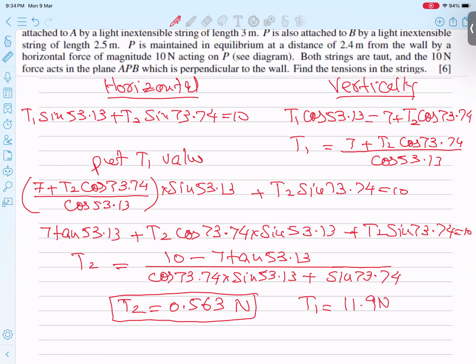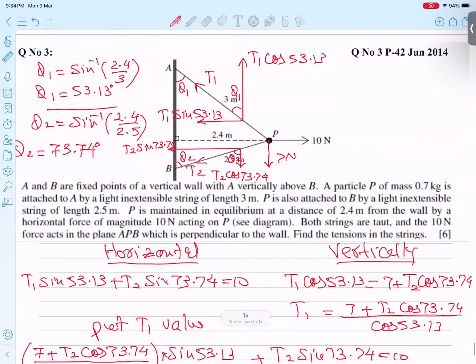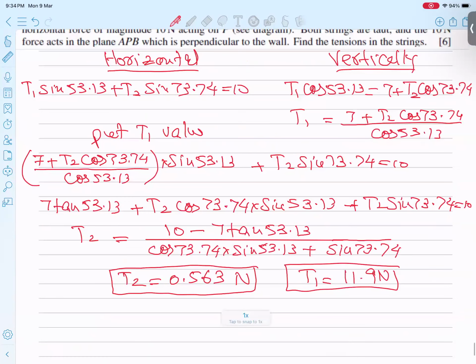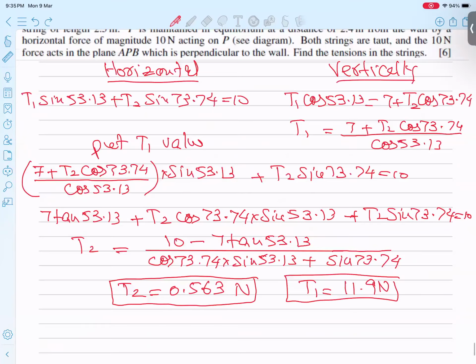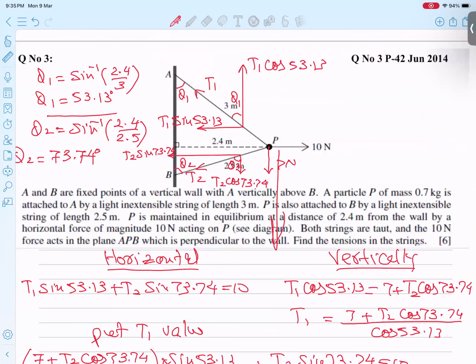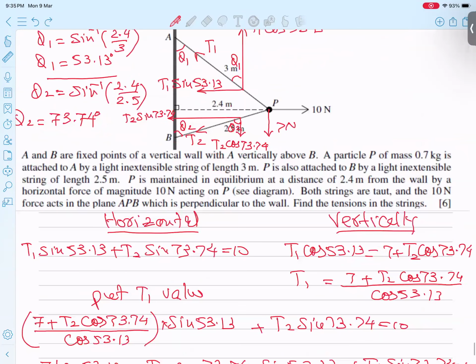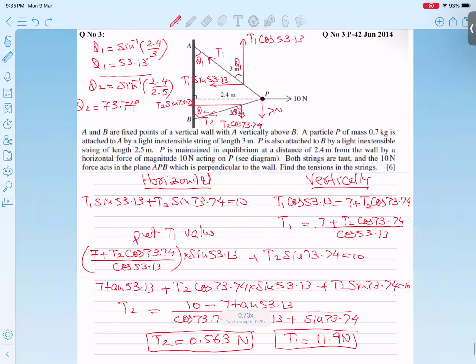This is my force, tension number 1. Tension 1 is bigger, naturally, and tension 2 is smaller, because the particle is pushing downwards. So tension on the upper string is naturally more, and tension on the lower string is lesser. I hope the concept of the question is very, very clear.